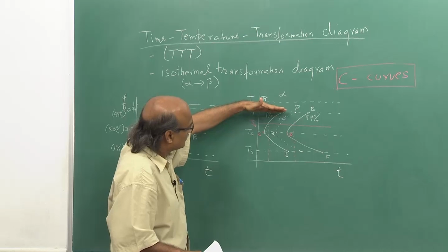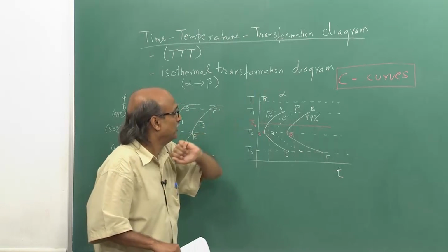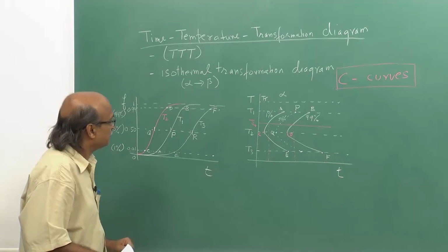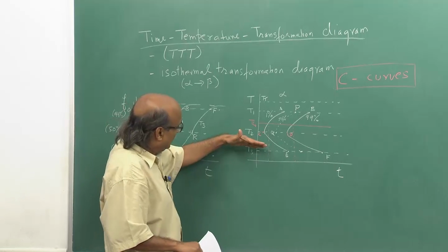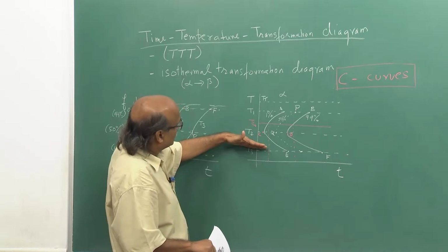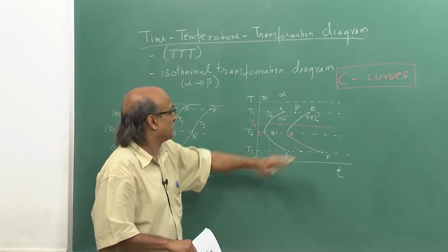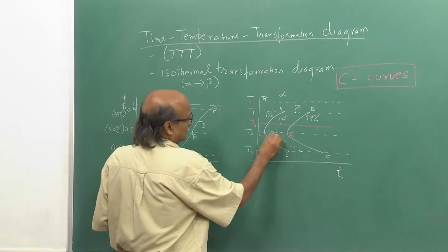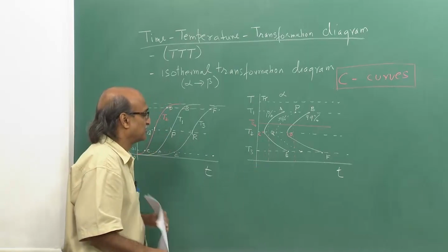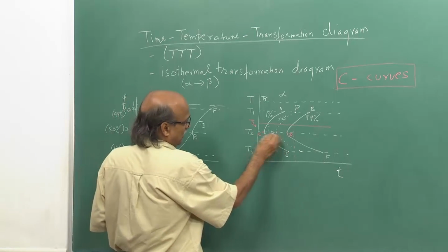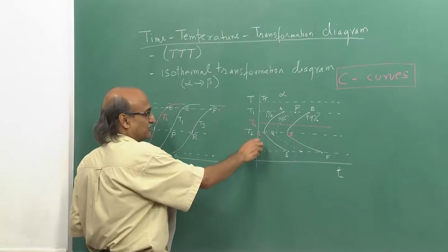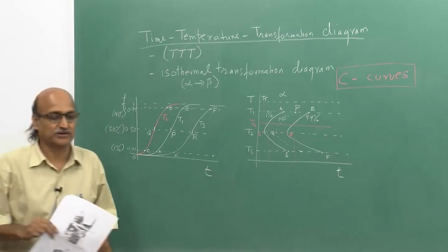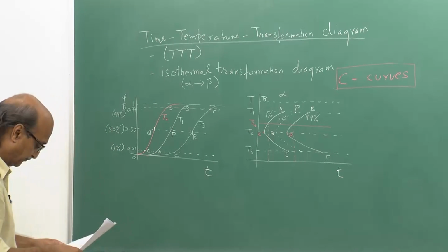So, it takes much longer time for transformation to start and end. At very high undercoolings or at very low temperatures, again the kinetics is slow. At intermediate temperature the kinetics is fast, and at temperature T2, the way I have drawn this, the kinetics is the fastest, or there is a peak in the kinetics.